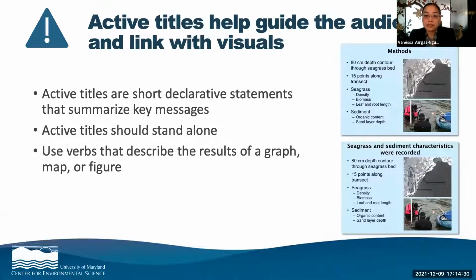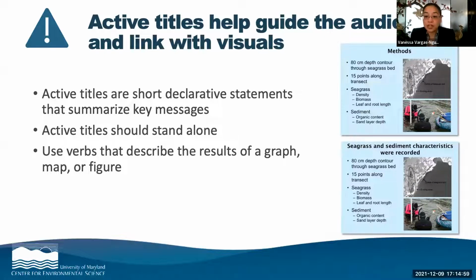Second, active titles can help guide the audience and link with visuals. Active titles are short declarative statements that summarize key messages. If written effectively, the audience should only need to read the active title and the rest of the slide to understand the primary message. Verbs that describe the results of a graph, map, or picture are typically used.